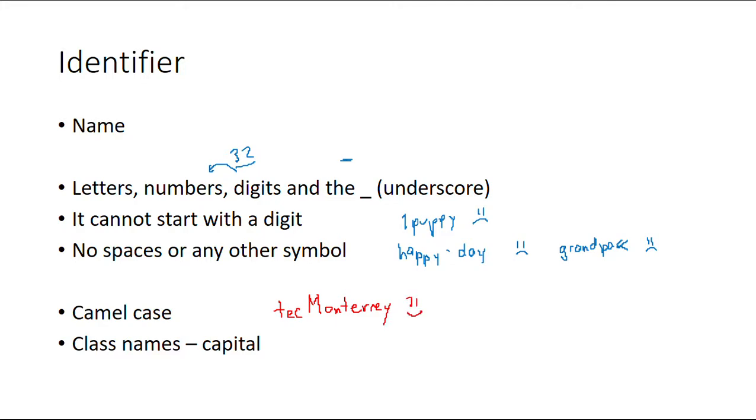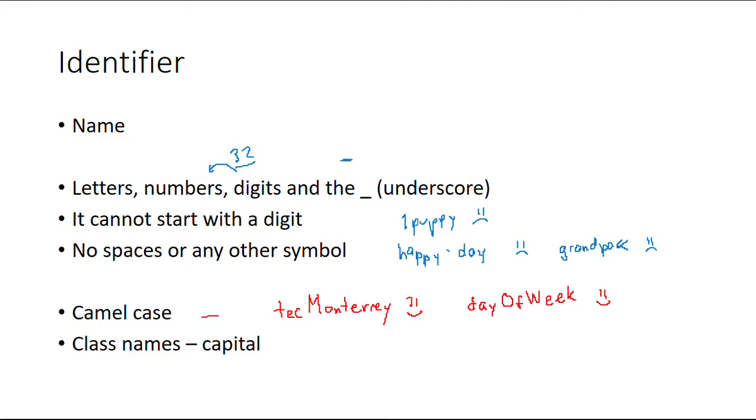Another example. When you want to store the day of the week in a variable, we can write it like day, then a capital O, F, and the next one is a capital W. Okay, this is camel case.